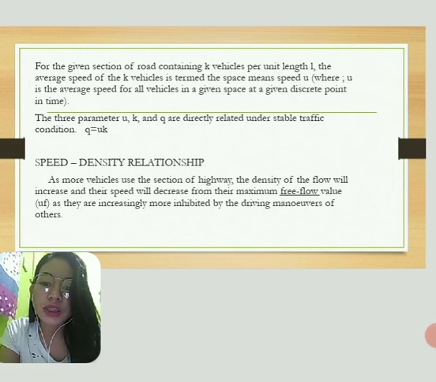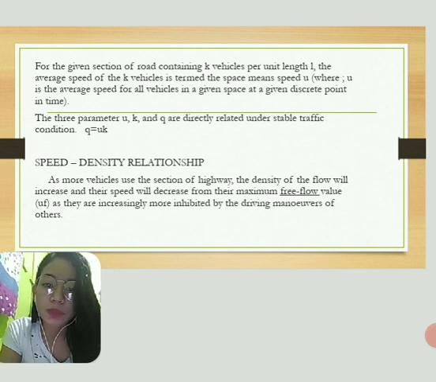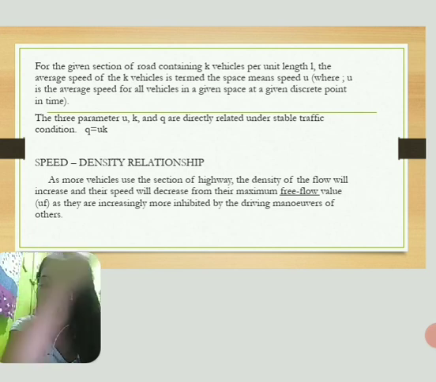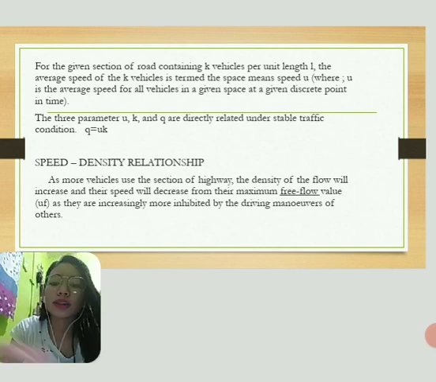For a given section of road containing K vehicles per unit length, the average speed of the K vehicles is termed the space mean speed U. U is the average speed for all vehicles in a given space at a given discrete point in time.